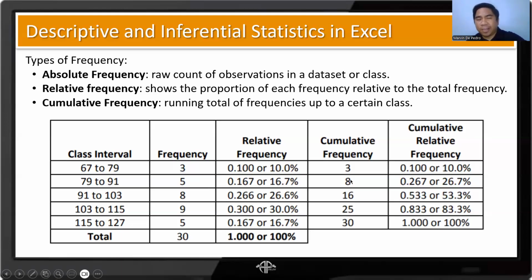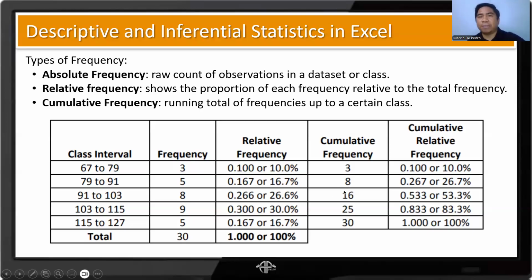In the same way, for the third one, we add the new absolute frequency to the previous cumulative frequency.